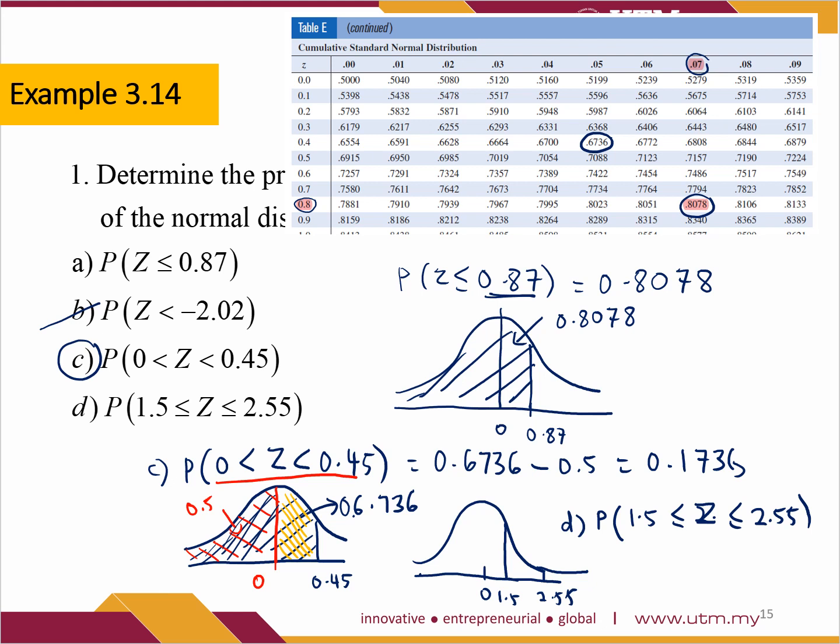So first we have to find the probability of Z less than or equal to 2.55, then minus the probability of Z less than or equal to 1.5. Then we get this area.